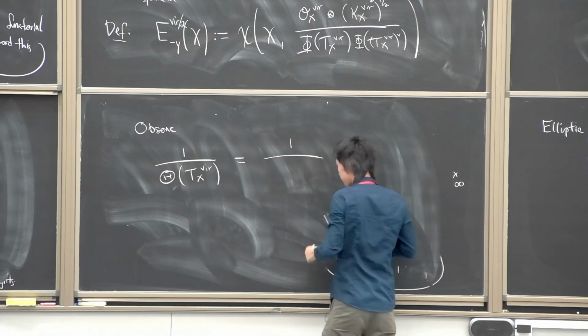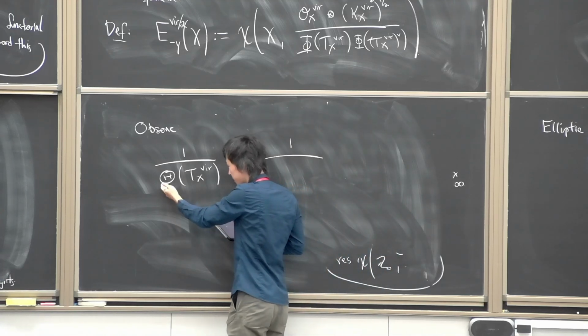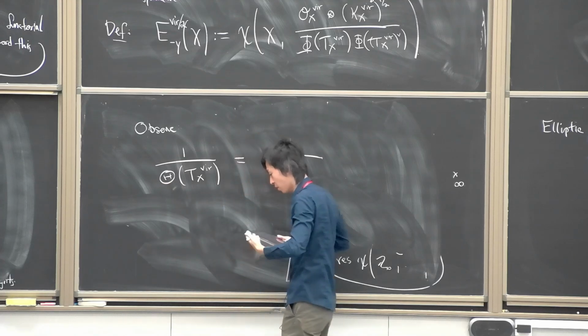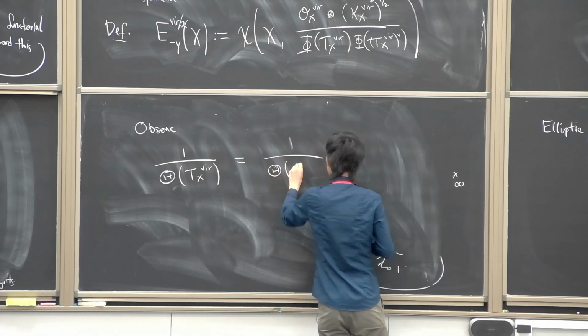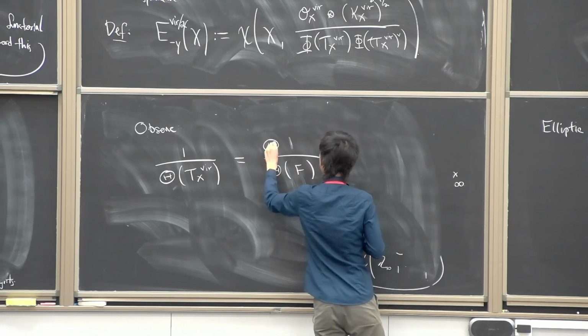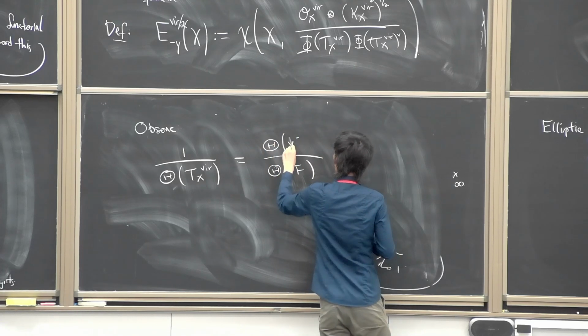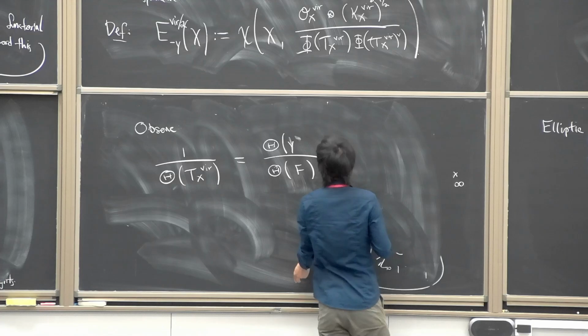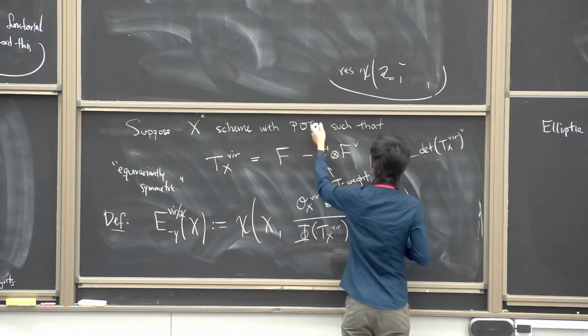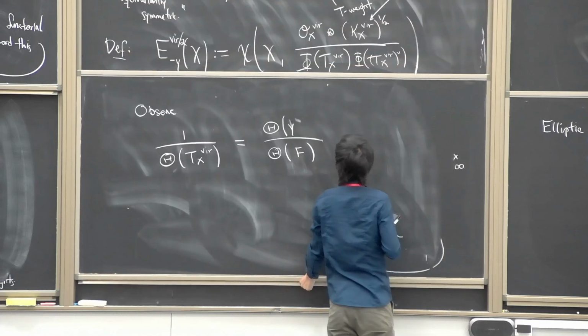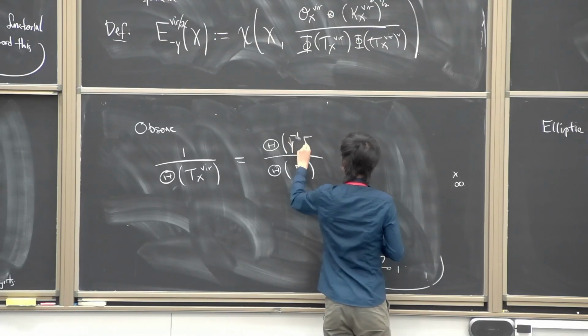And you extend these thetas and phi's to all of the K group multiplicatively. So this is really theta of F, and then up here I'll have theta of Y. Sorry, I think I need a Y inverse. Y inverse F.